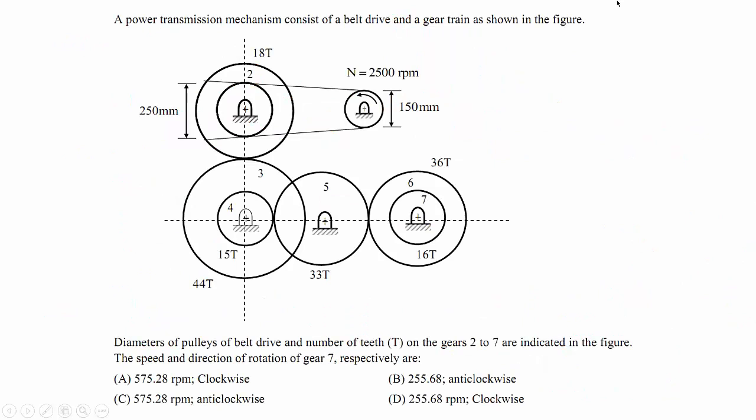This question is from the topic theory of machines, from the subtopic gear trains. A power transmission mechanism consists of a belt drive and gear train as shown in the figure. The diameters of the pulleys of the belt drive and the number of teeth on gears 2 to 7 are given.